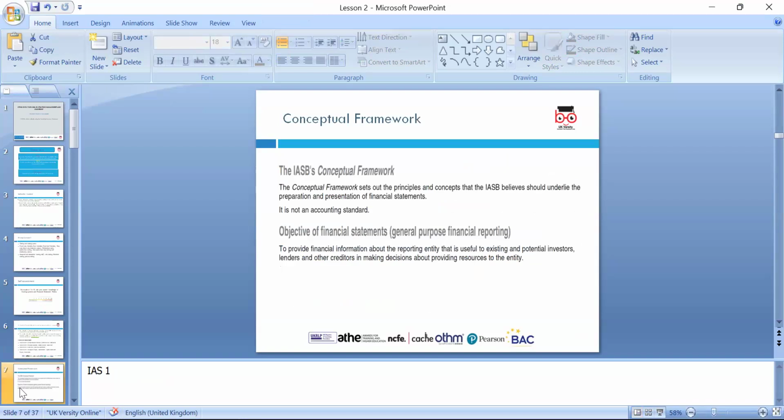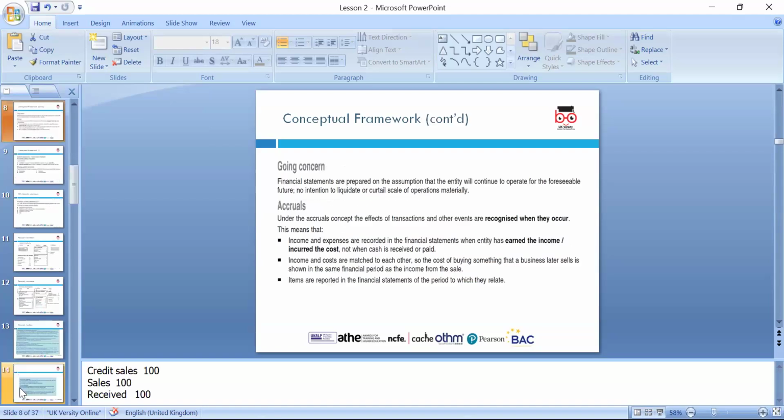We have a conceptual framework that sets the principles and concepts, according to the International Accounting Standards Board, that should underlie the preparation and presentation. Financial statements should be true and fair, and should provide financial information that helps an entity make the right decisions, including providing resources for the entity.